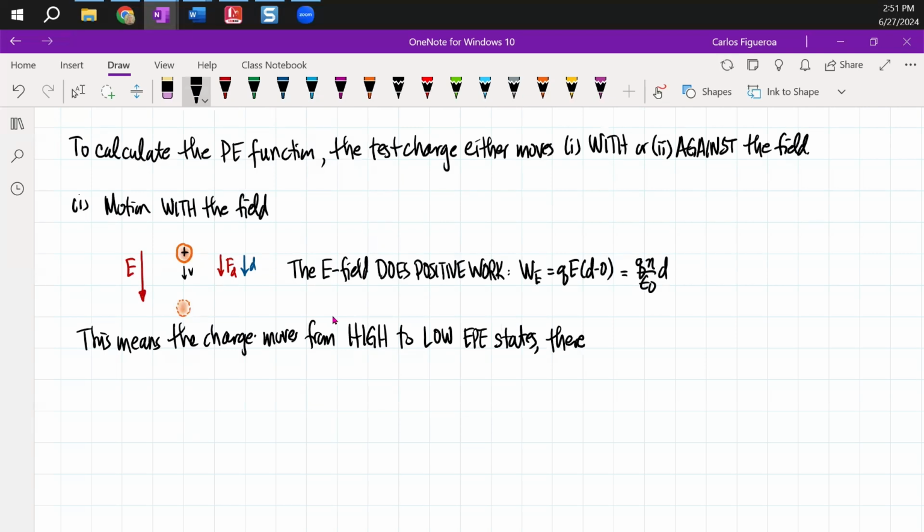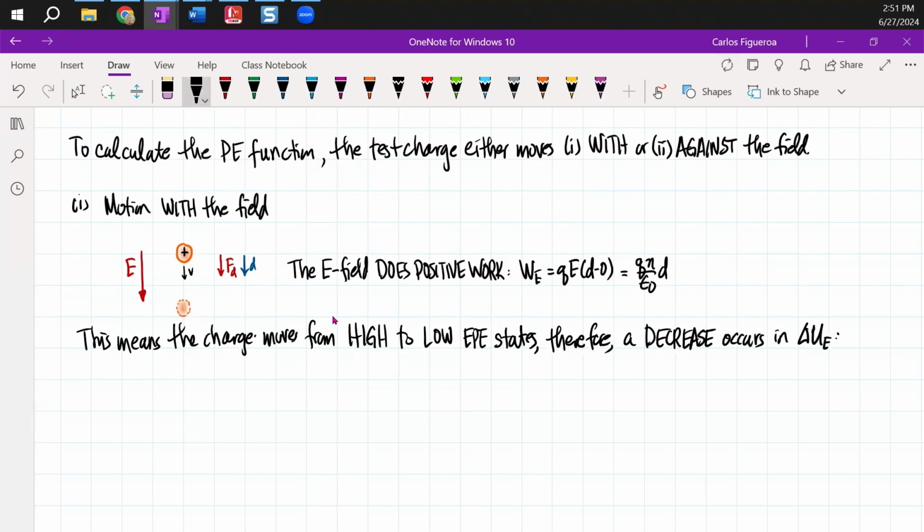Therefore, a decrease occurs in electrical potential energy.